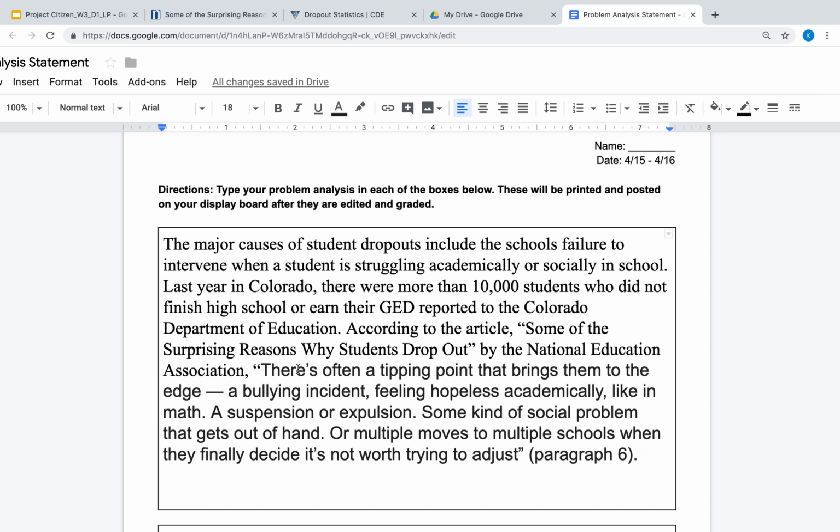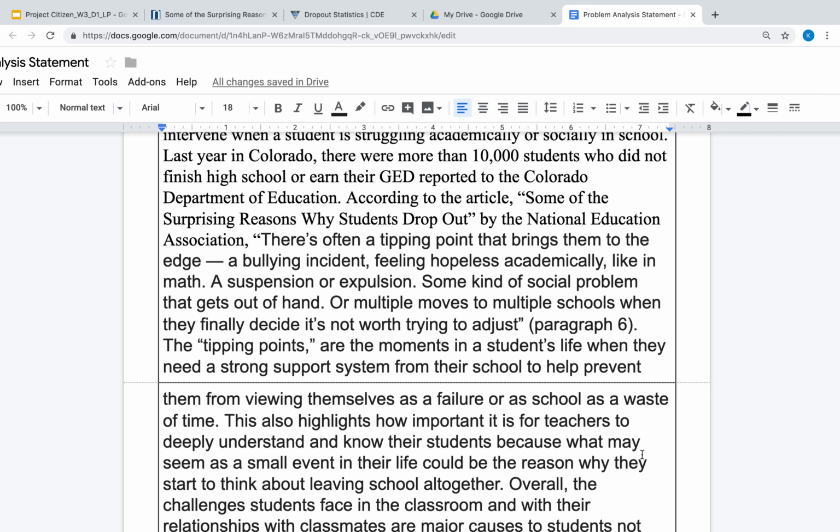The evidence I chose was: there's often a tipping point that brings them to the edge, a bullying incident, feeling hopeless academically, like in math, a suspension or expulsion, some kind of social problem that gets out of hand, or multiple moves to multiple schools when they finally decide it's not worth trying to adjust. This came from an article, and I have the article title here. It's from the National Education Association, so it's a very valid source.